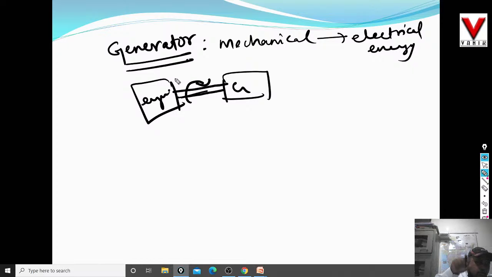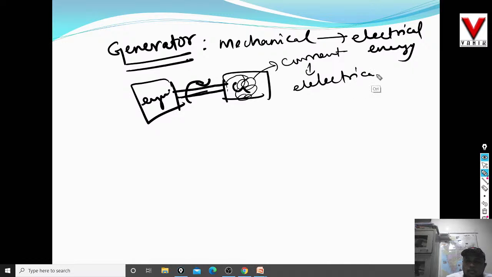Inside you have a magnetic field, so there is a change in the flux. Due to the change in the flux, you will have current or electrical energy.